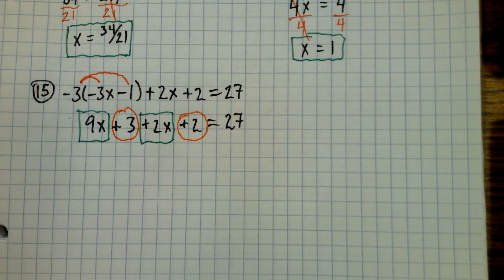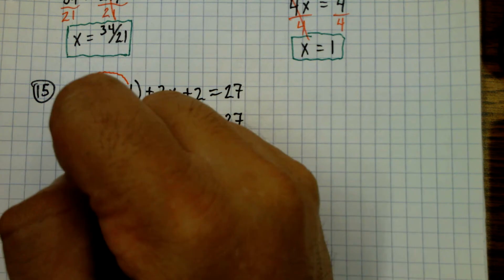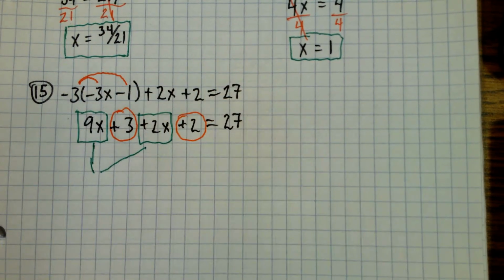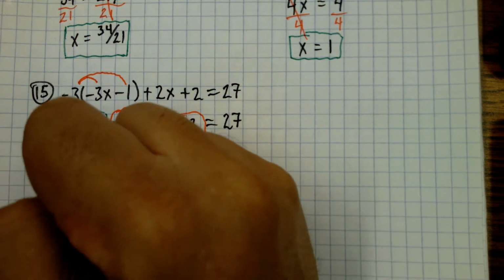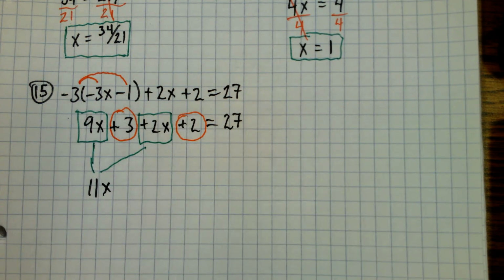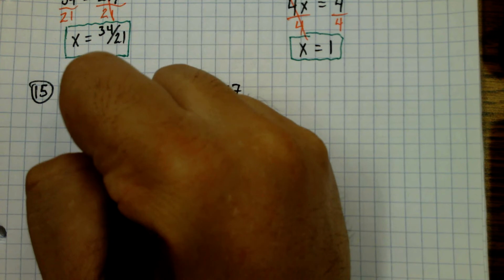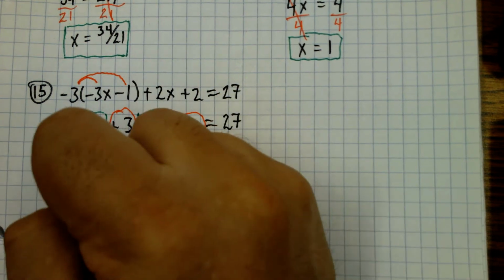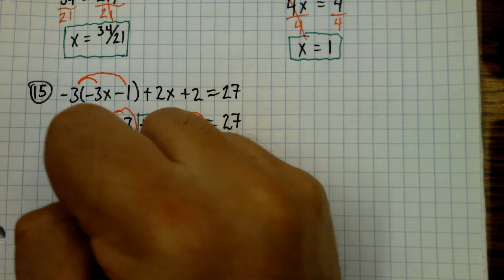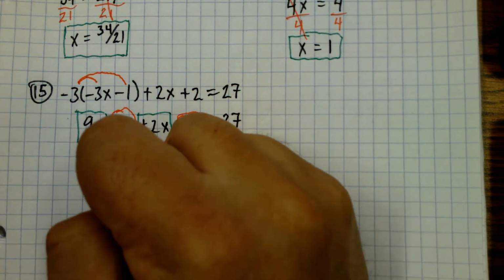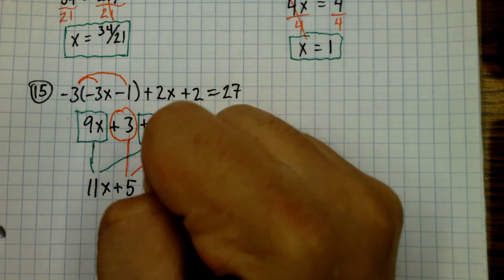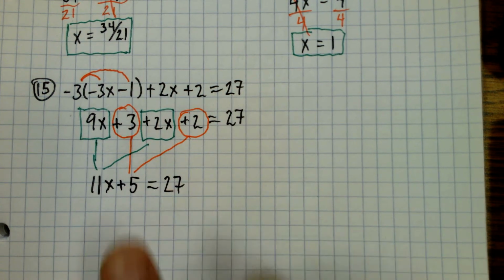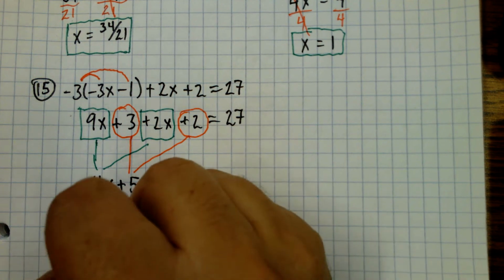Okay. So let's put together all the things we can combine. 9 and positive 2 makes 11x. 3 and 2 makes 5. So that's plus 5, since they're both positive, equals 27. Okay. Now let's get rid of this 5 that's being added by subtracting 5.